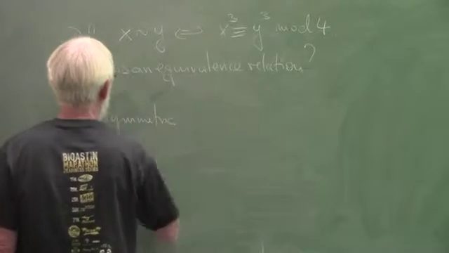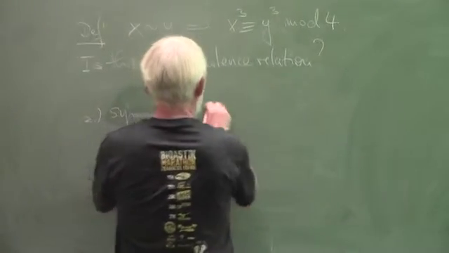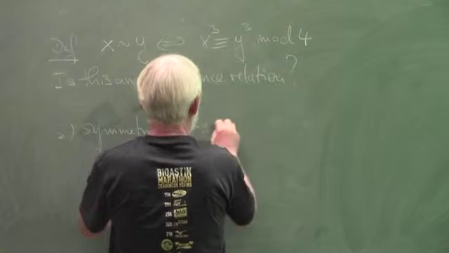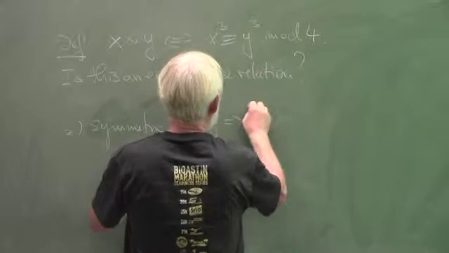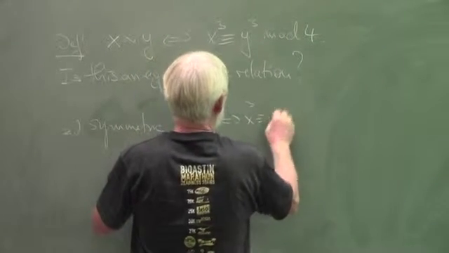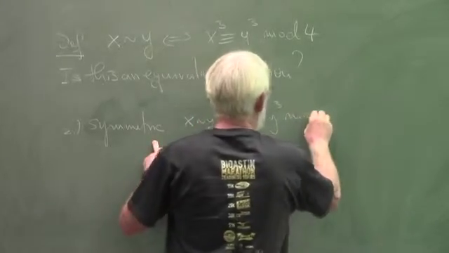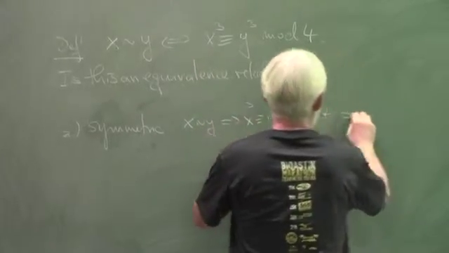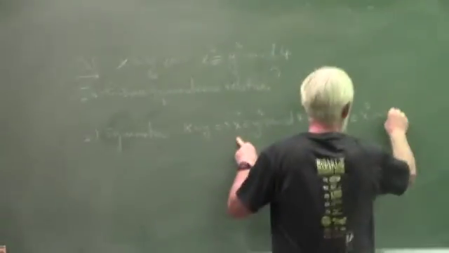You can fill in one and three. So x equivalent to y means x cubed is congruent to y cubed mod 4. This implies that y cubed is congruent to x cubed mod 4.